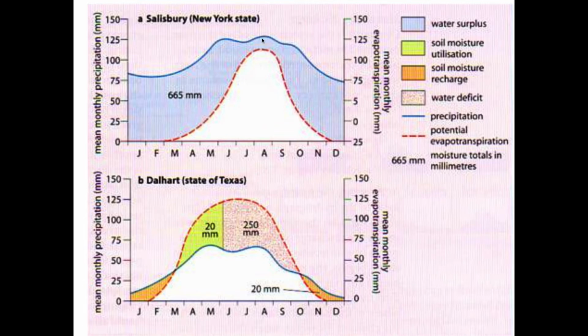Flooding would be least likely here because there's only a small difference, and it would be really likely here. Texas, very different part of America. In fact, there is no water surplus at all. Look, they're either in deficit, utilisation or recharge the whole year.